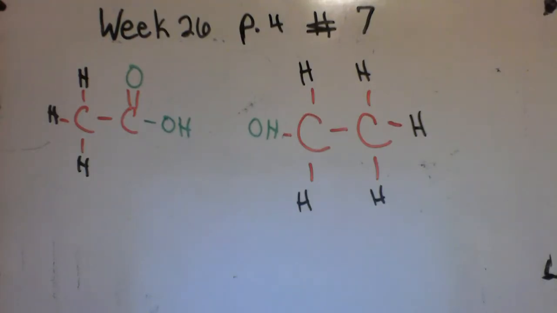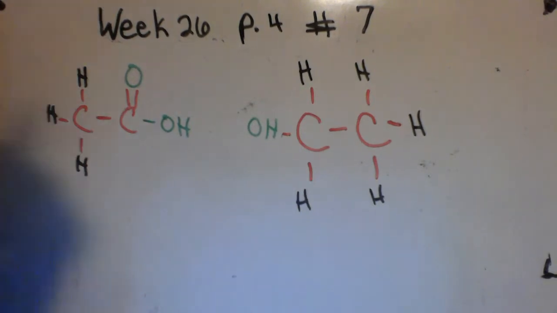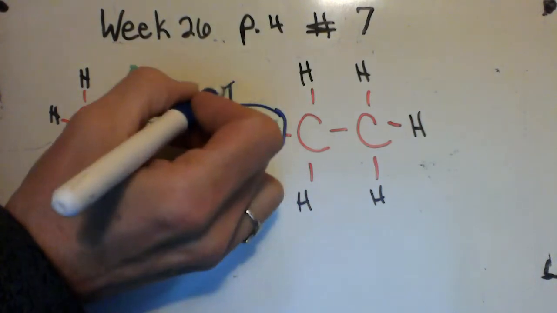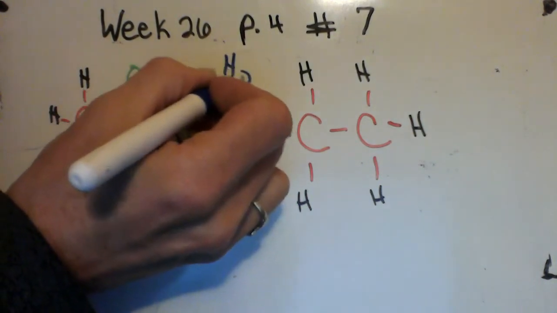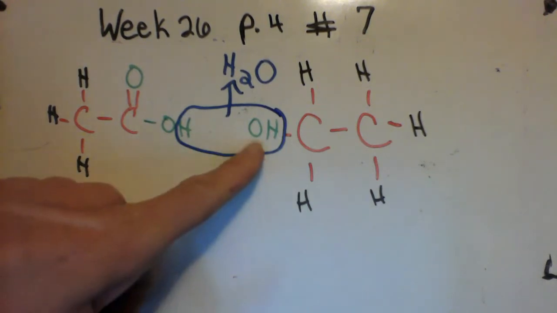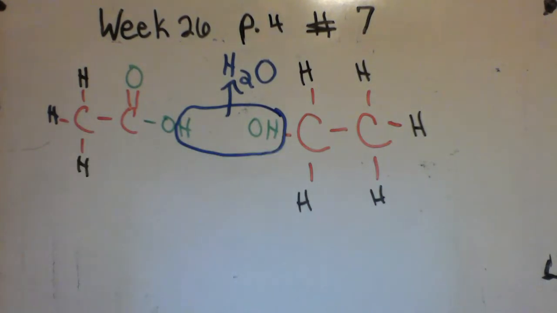So when a carboxylic acid and an alcohol are added together, an ester is formed and water is also formed. So here we have the hydrogen plus oxygen, and hydrogen yields water.